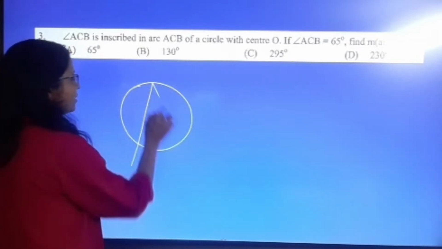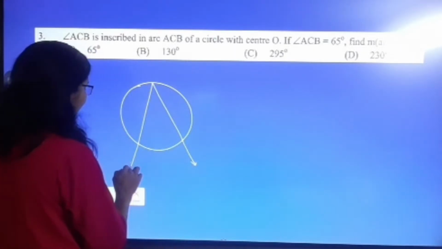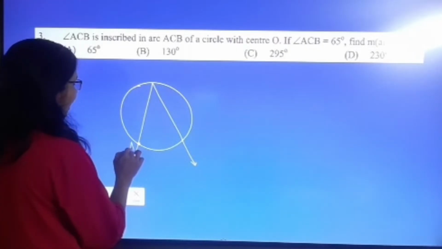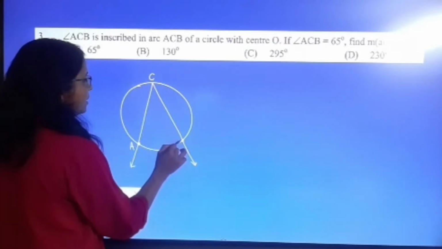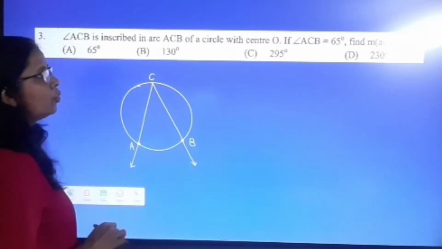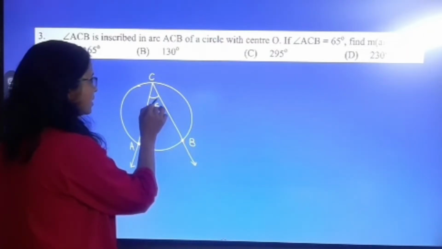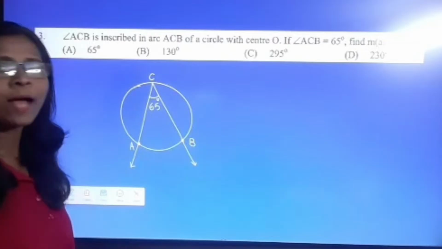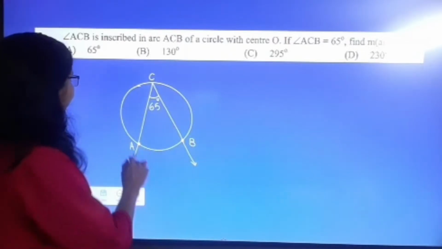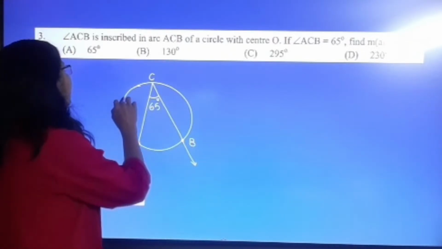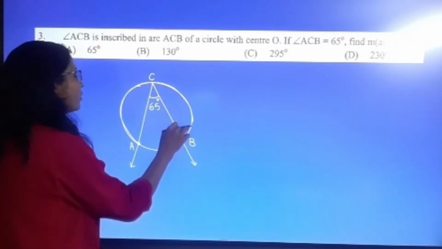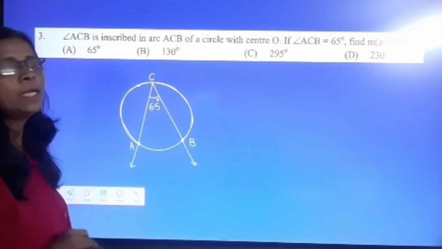So this is the angle ACB. Okay students, and this angle ACB is equal to 65 degree, and we have to find the measure of this arc ACB.